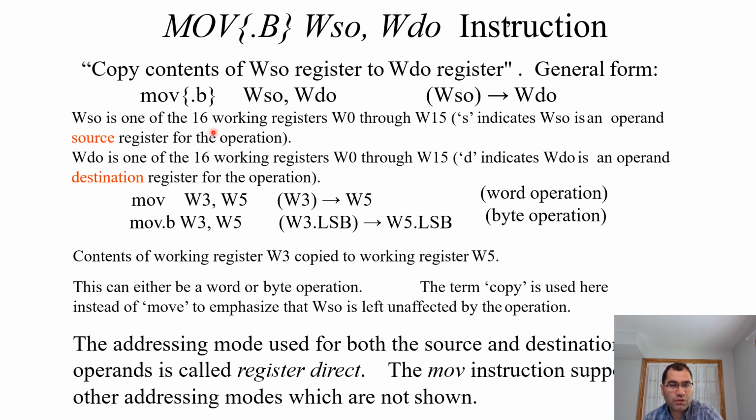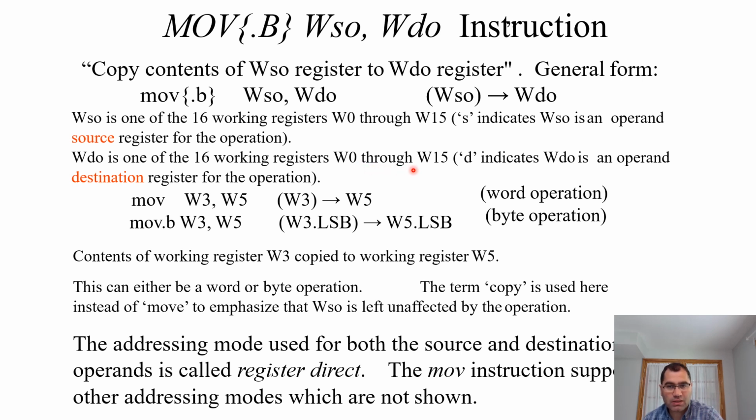What is Wso? Wso is one of the 16 working registers, W0 through W15. S indicates Wso is an operand source register for the operation, so basically it's a source operand. And Wdo is one of the 16 working registers, again from W0 to W15.